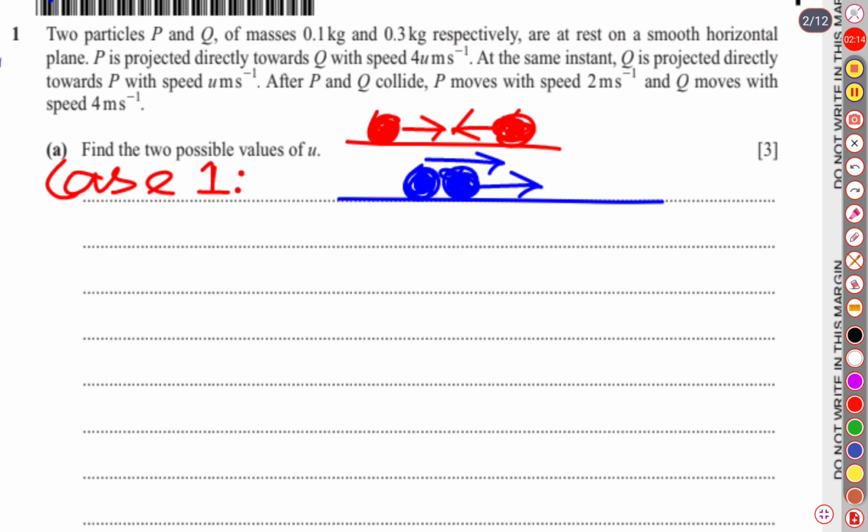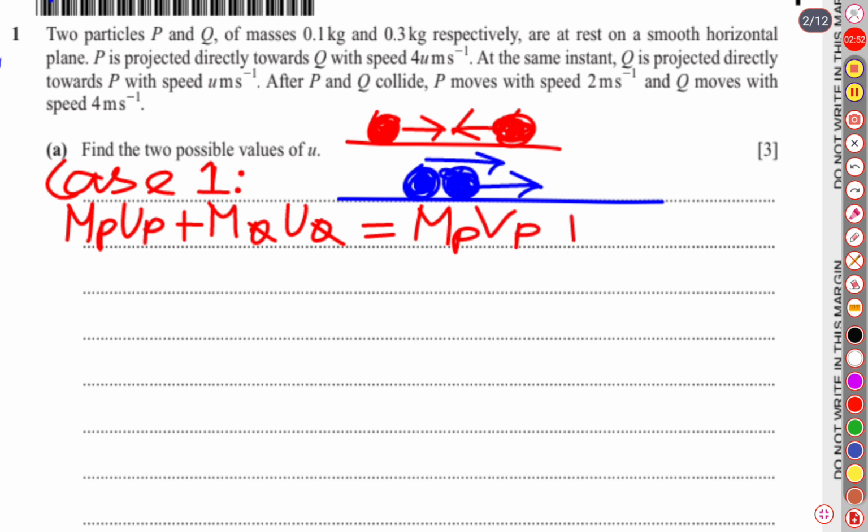Let us write the conservation of momentum formula: mass of P into initial velocity of P plus mass of Q into initial velocity of Q, equal to mass of P into final velocity of P plus mass of Q into final velocity of Q after collision.